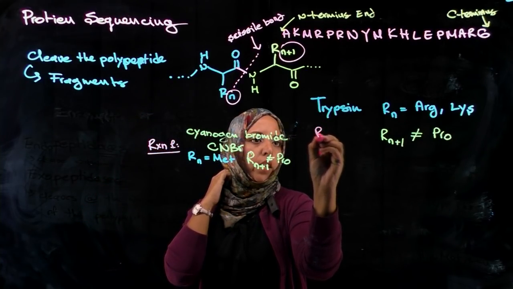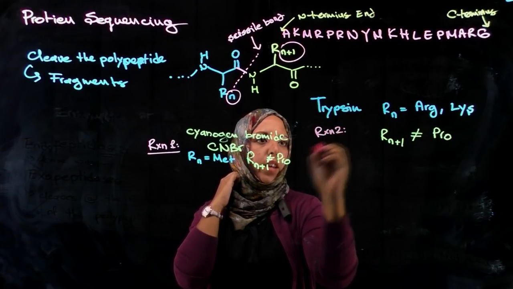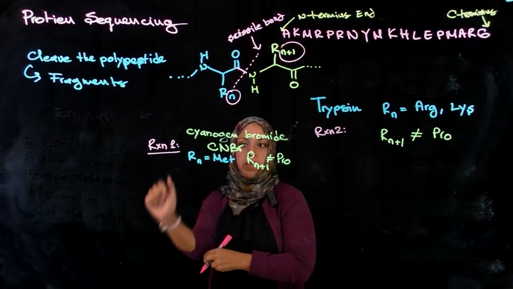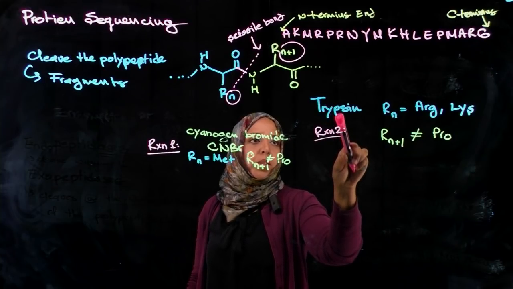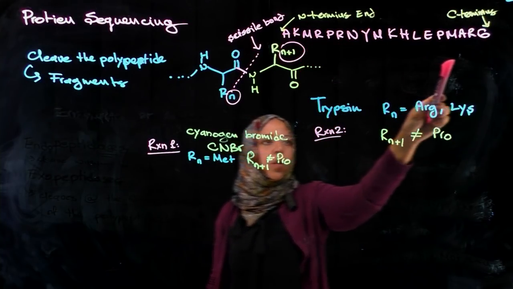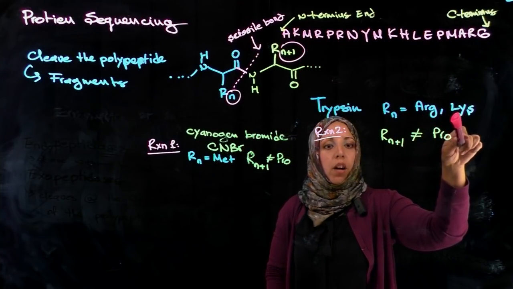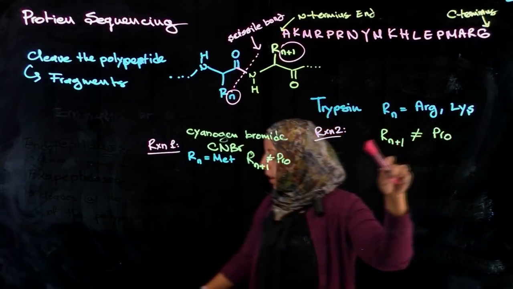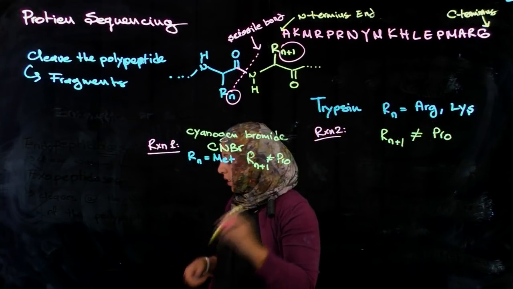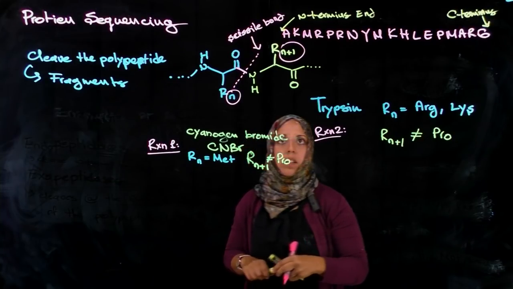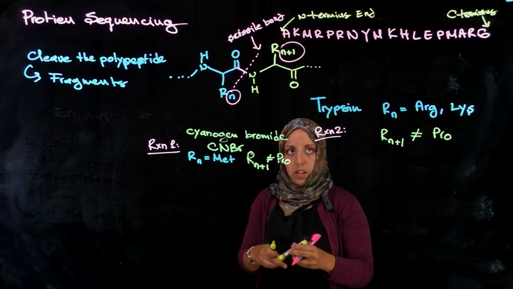And in our second reaction mixture, we're putting in trypsin, okay? So trypsin cleaves the peptide sequence after an arginine or lysine as long as the next amino acid is not proline. All right, so let's try it.